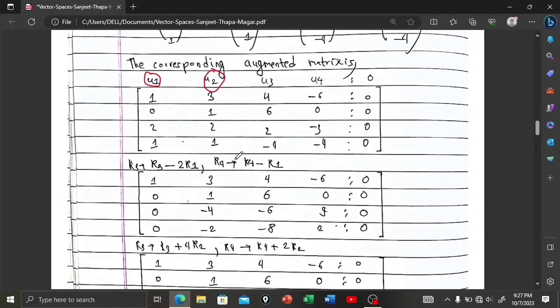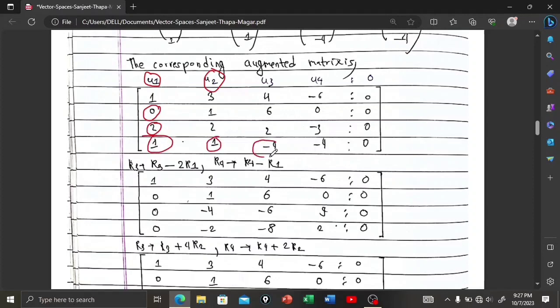Now this is a 4 by 4 matrix, so we need zeros here, here, and here.